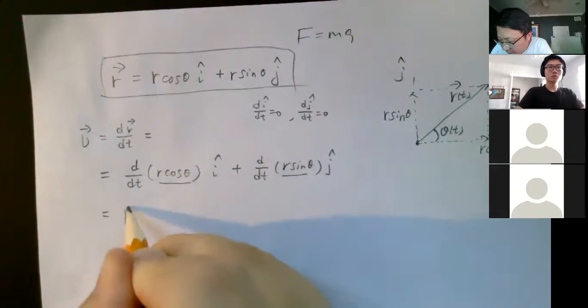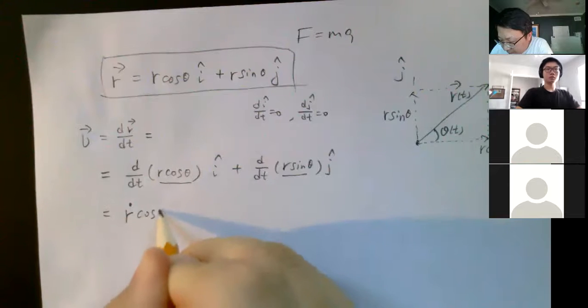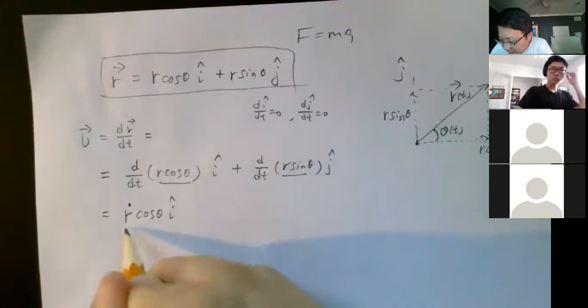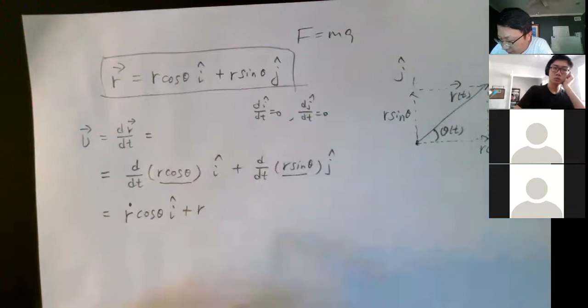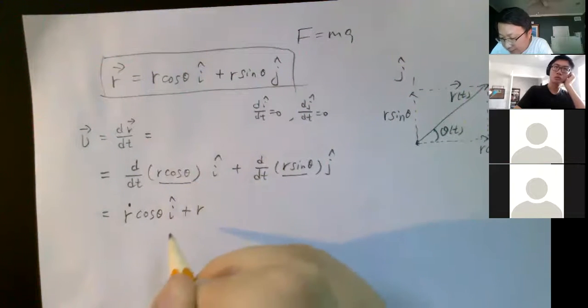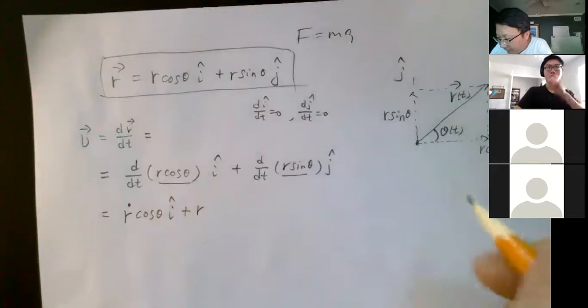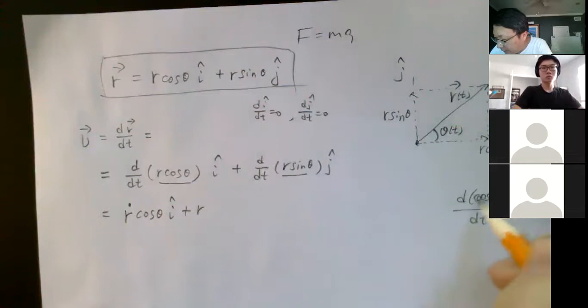So basically, the first one, you do dr dt, keep the second one, it doesn't change. So that's the first term. Second term, this one doesn't change, cosine theta dt. d cosine theta dt, when theta is a function of t, you do d cosine theta d theta and d theta dt.